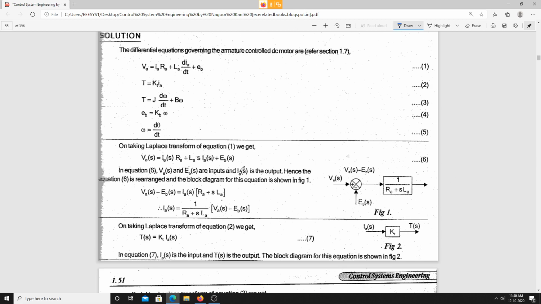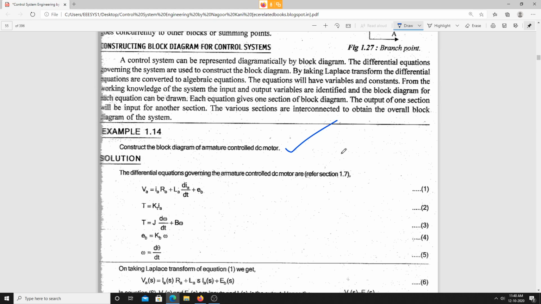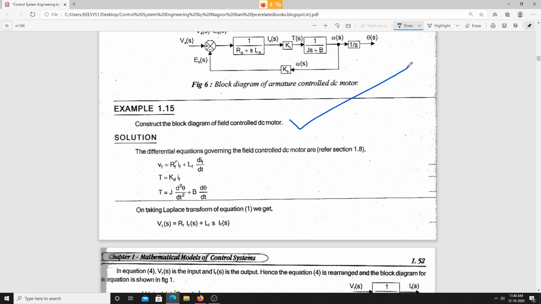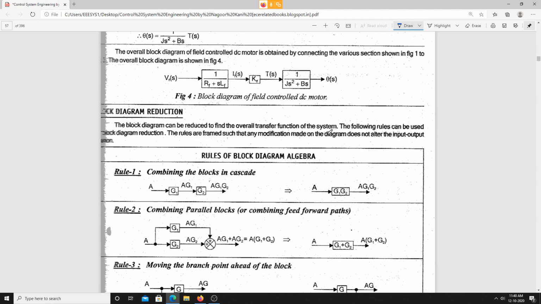I have already discussed how we construct the block diagram of an armature controlled DC motor, and how we construct the block diagram of a field controlled DC motor. Now we'll discuss some more concepts.